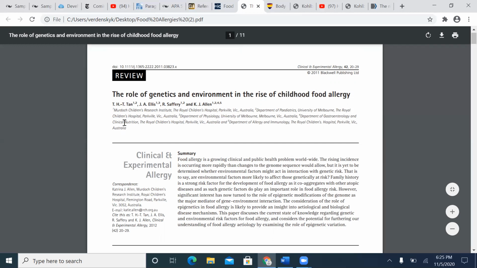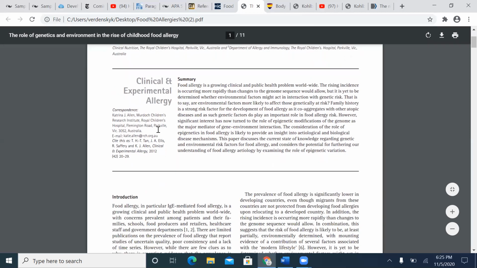If I look at who my authors are, they're all associated with psychology organizations, gastroenterology. So they're all medical professionals of some nature. Again, verifying that I'm looking at a credible source from a credible team of people. If I follow on, it says in the summary, food allergy is a growing clinical and public health problem worldwide.